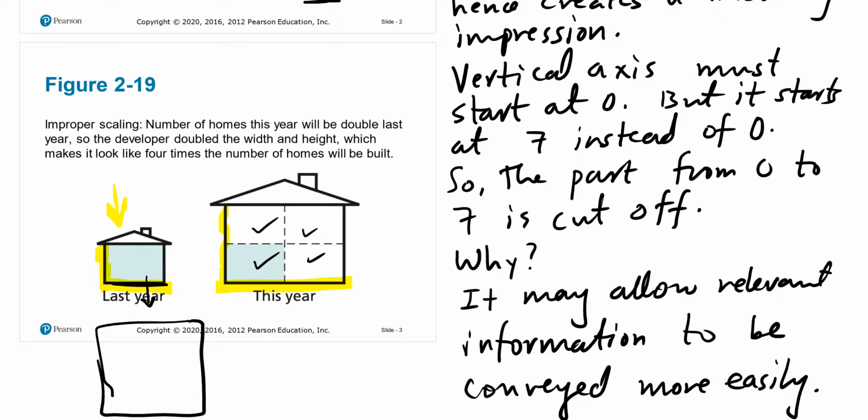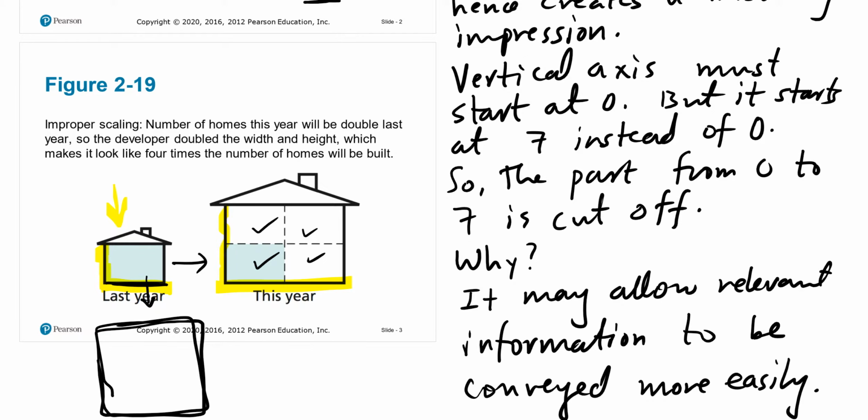So instead of doubling size-wise and getting something like this one down here, they went ahead and doubled the length and the width of this house. And when you cut it in the middle vertically and horizontally, you notice that the new house looks 4 times as big as the original one. It's not double. So that's a misleading graph.